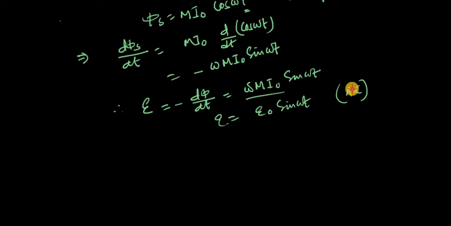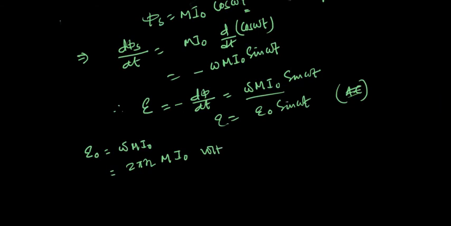So this is an alternating voltage, not AC, an alternating voltage. Its peak value E0 is equal to omega M I0. Putting omega as 2 pi n, E0 is 2 pi n M I0 volt.